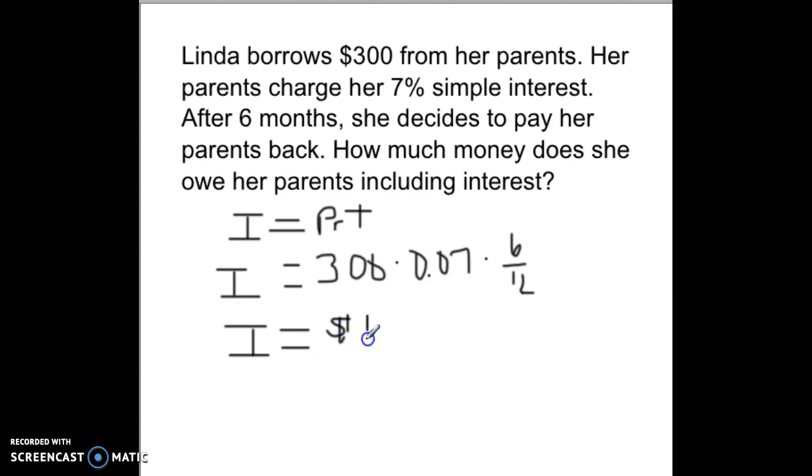Now it probably came out in your calculator 10.5, but remember we're making this look like money, so $10.50. Now how much does she really owe her parents? It's not just the $10.50, she actually owes them $310.50, because we have to include the original amount.